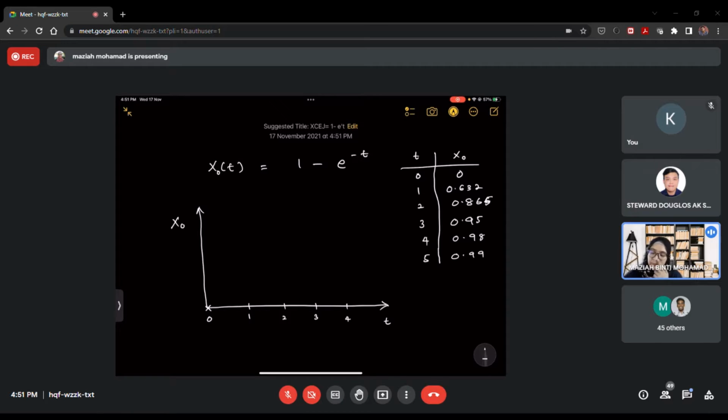So if you calculate for infinity, you get 1. Right, so we'll be able to plot that.